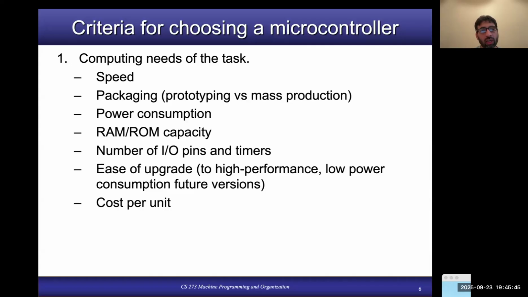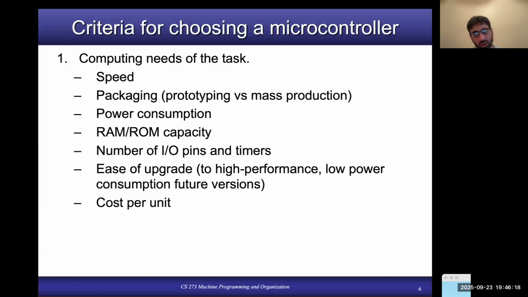Some of them are more compatible if you are prototyping your product, or you are a beginner working with microcontrollers, as compared to other packaging which is actually meant for mass production. Once you have prototyped your project, then you can use the different packaging. So that is also a factor which you need to consider while selecting the microcontroller.